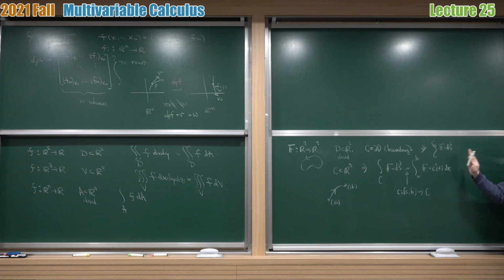I'm not going to write this, but Green's theorem tells you that there's another way of obtaining the same result: instead of taking a line integral, you can take the double integral over the surface of the rotational scalar of this vector field f.